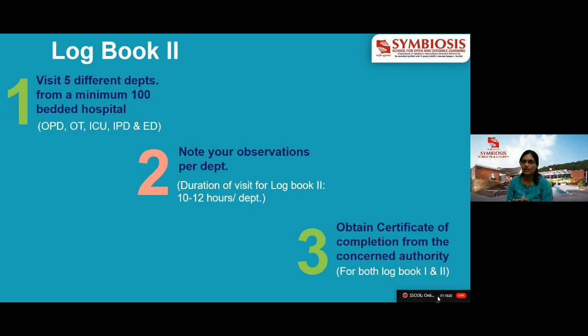The certificate should mention that, suppose, Dr. Kalyani has completed logbook 1 in partial fulfillment of planning and design in our hospital for so many hours, or they can write the dates also: from this date to this date, Dr. Kalyani has completed this training. You should obtain such a certificate at the end of your logbook 2 work and attach it in your report.